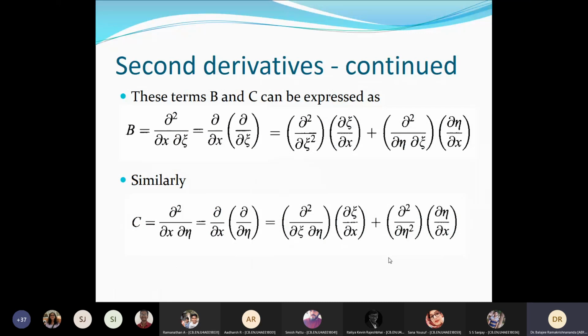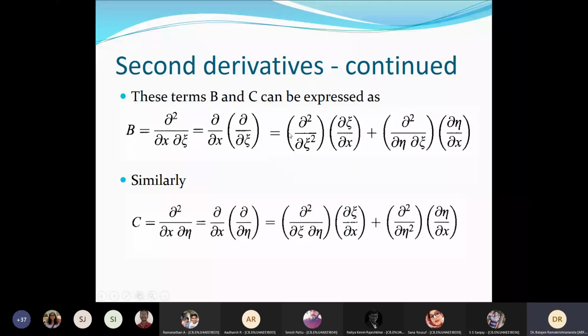Now again we express this. What is this B? B is ∂²/∂x∂ζ. So we can express ∂/∂x of ∂/∂ζ. Again, ∂/∂x of anything can be expressed as ∂/∂ζ into ∂ζ/∂x plus ∂/∂η into ∂η/∂x.